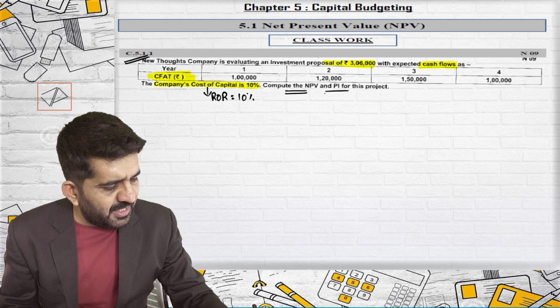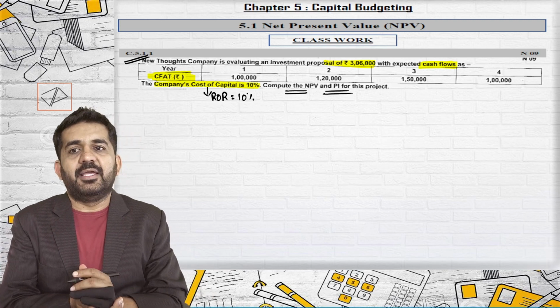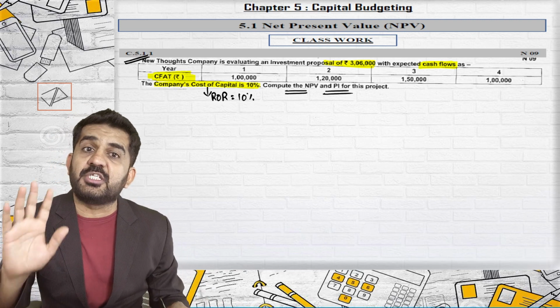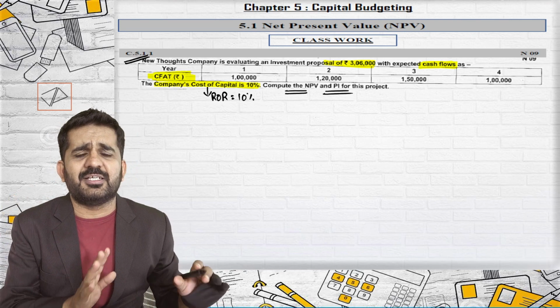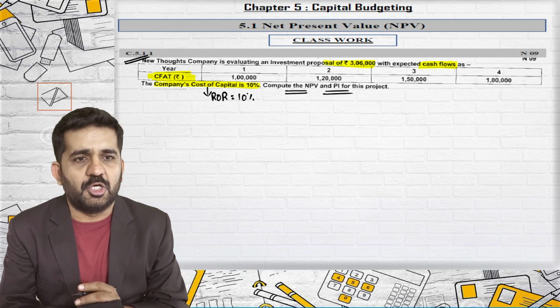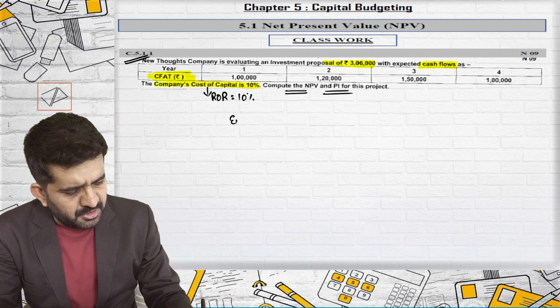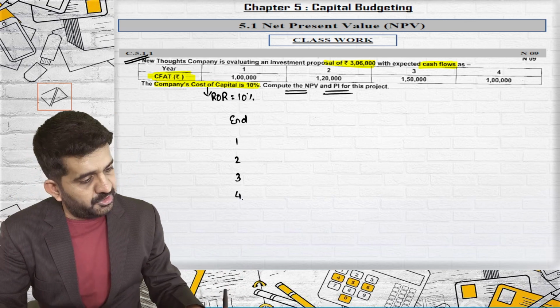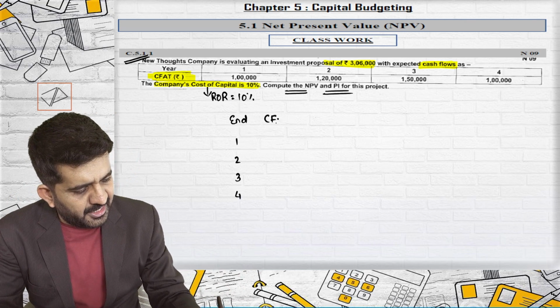Compute NPV and PI. It is not told to us to take the decision. Still, we will be taking the decision. We will just write down that we will be accepting the proposal or not. Very easy question. At the end of 1st, 2nd, 3rd and 4th year, cash flows are directly given.